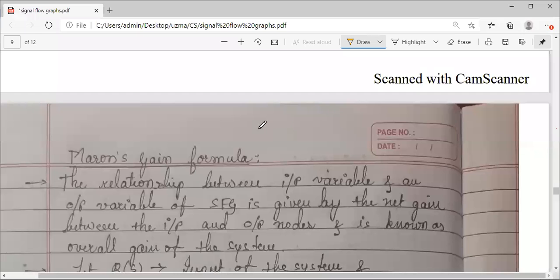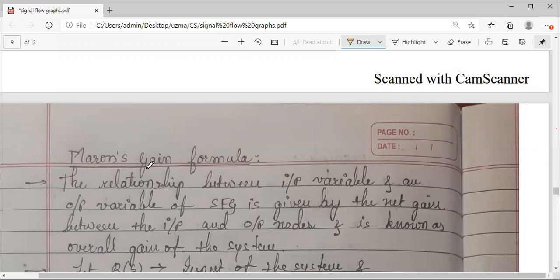Coming to the next concept, that is Mason's gain formula. When we started the discussion of signal flow graphs, I told you one of the advantages of using signal flow graphs is that the block diagram reduction technique is very tedious. For complex systems, things become very complicated if you use block diagram reduction.